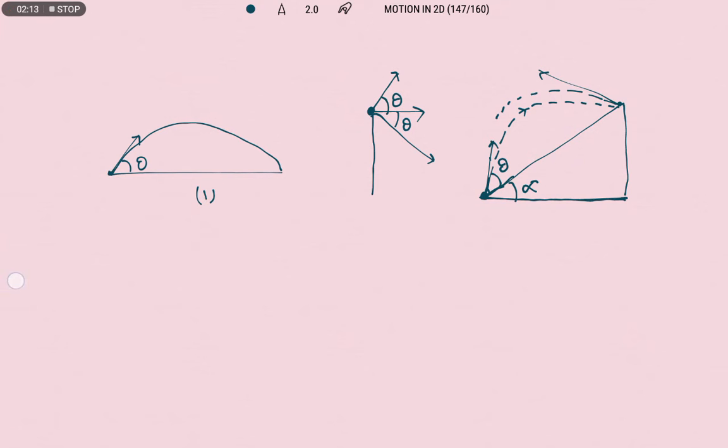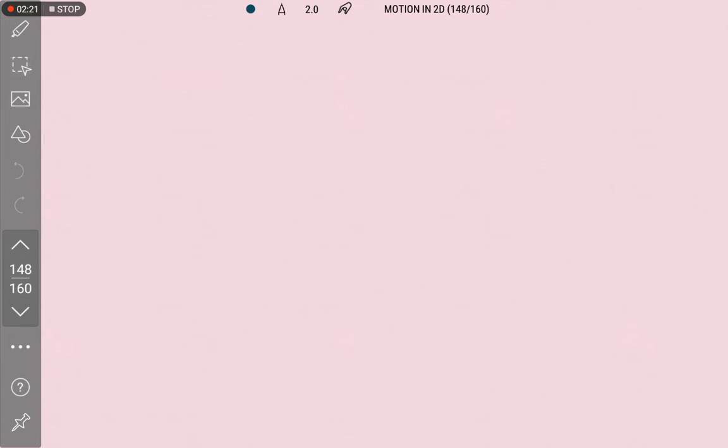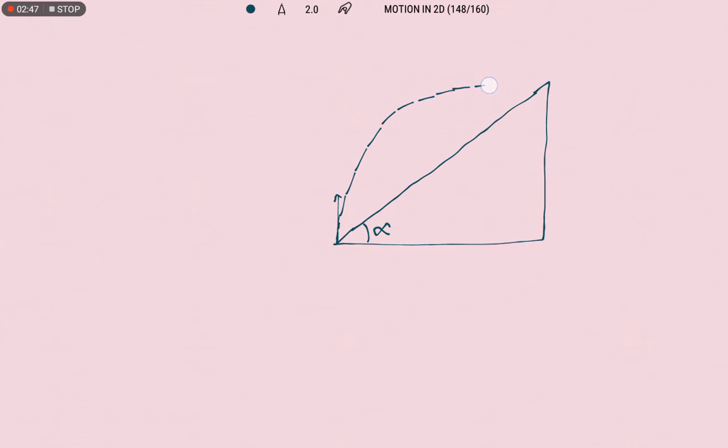To discuss this projectile motion, let us discuss some basic concepts related to the acceleration of a projectile along the inclined plane, and also the sign convention. Let us consider an inclined plane of angle of inclination alpha. When a projectile is projected into air along the inclined plane, we resolve its acceleration into two components.